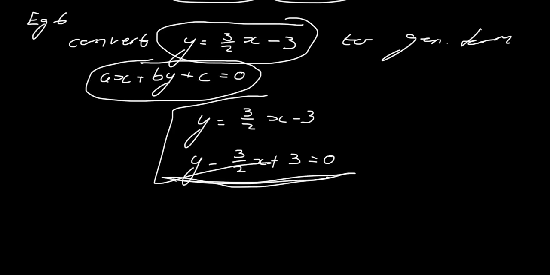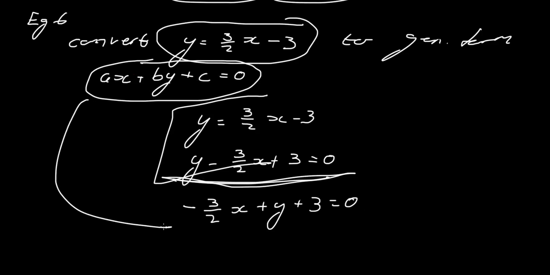Because if we compare it to that form, let's just write the variables in that order. So minus 3 over 2 x plus y plus 3 equals 0. As far as I'm concerned, you've already gotten it into this form, because by comparison of these two equations, we could say a equals minus 3 over 2, b equals 1, c equals 3.